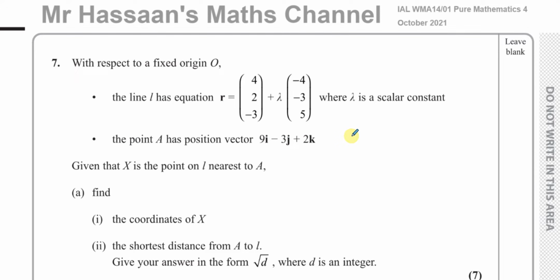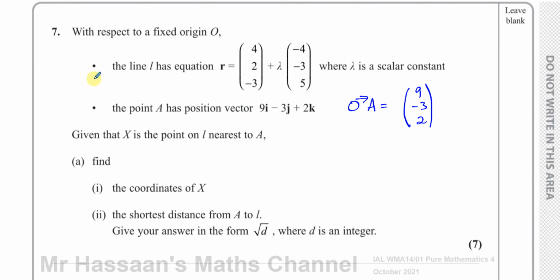Position vector means from O to the point A, from the origin. I like to write these as column vectors. I don't like to write i, j, and k in my calculations because I find it's much easier to deal with column vectors. You don't have to keep writing these letters everywhere, and everything is organized straight away.